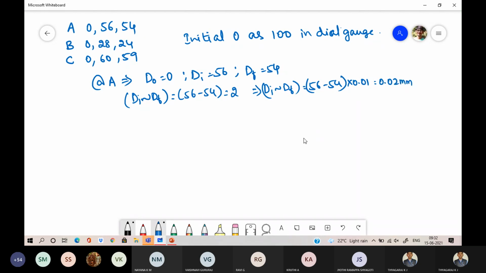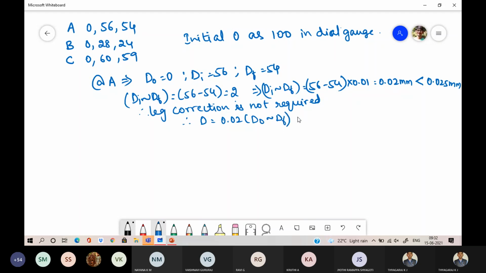So DI minus DF is equal to 56 minus 54 into 0.01, so we will get 0.02 mm. Should we apply leg correction? No, sir. Since it is less than 0.025 mm, leg correction is not required. Therefore, D is equal to 0.02 into D naught minus DF.